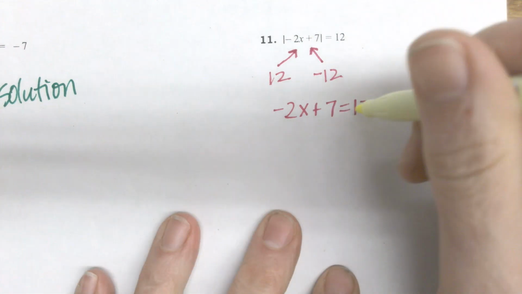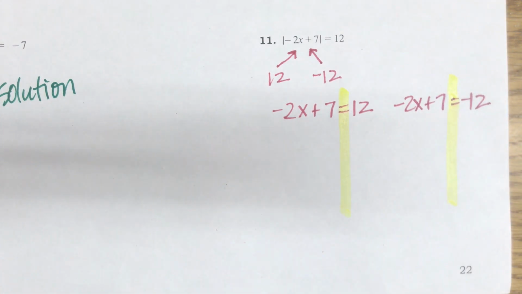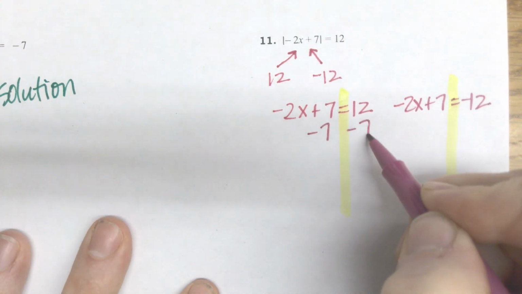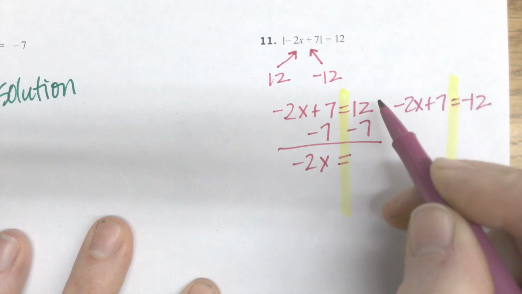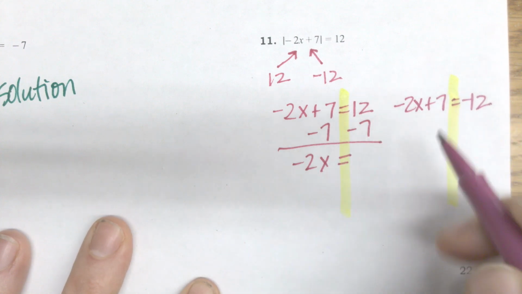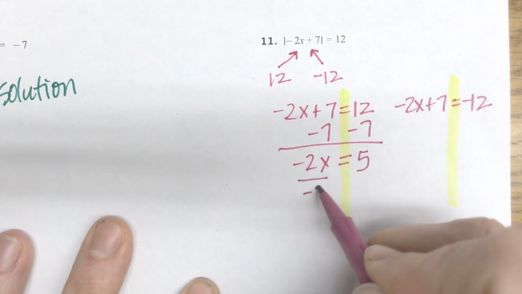Both of them are two-step equations. I draw my line down here. What do I do first? Minus 7. 12 minus 7 is 5. Divide by negative 2.